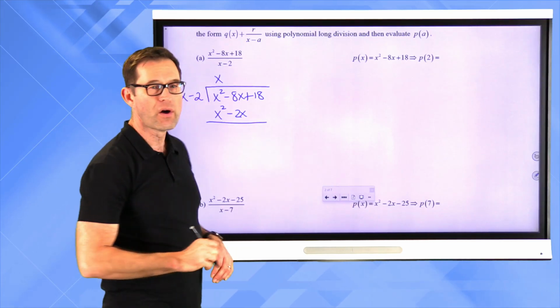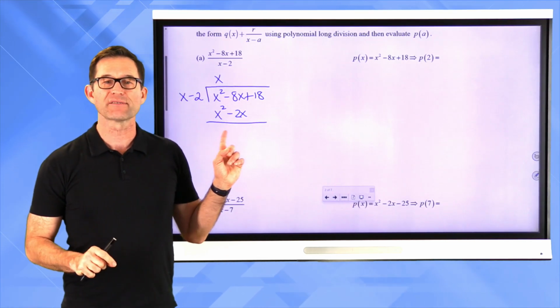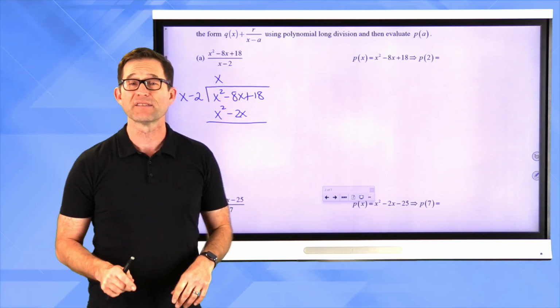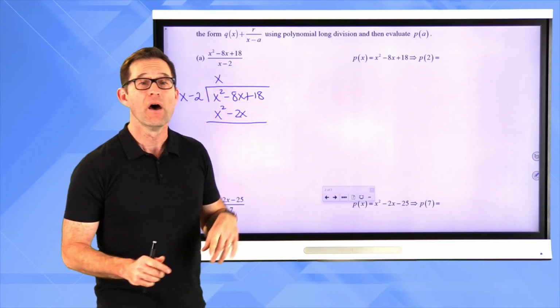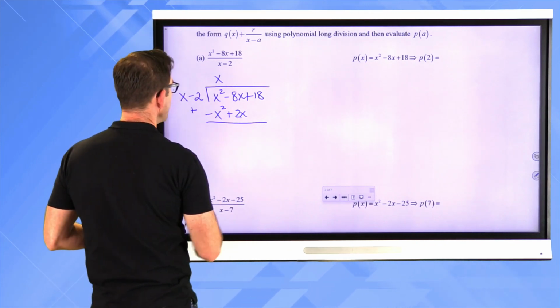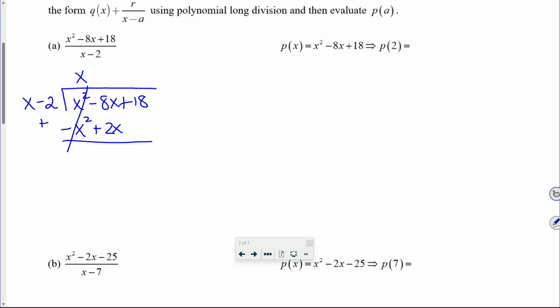Now, like all long division, what I now want to do is subtract x squared minus 2x from x squared minus 8x. My tip from the last lesson is instead of subtracting this, I'm going to change the sign on both of them and add instead. The x squareds cancel, and negative 8x plus 2x is negative 6x.